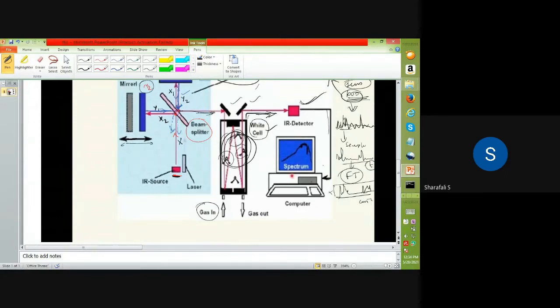This is the basic idea behind the IR spectrometer, and the Fourier transformation is a mathematical process that converts from the time scale into the frequency scale or frequency spectra.